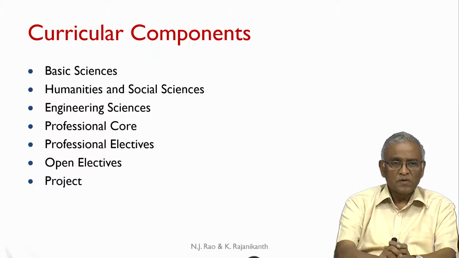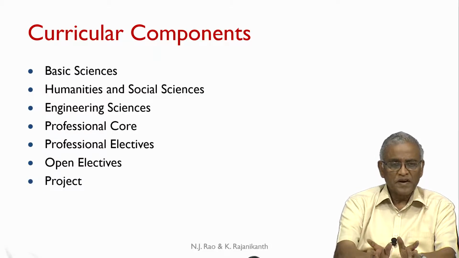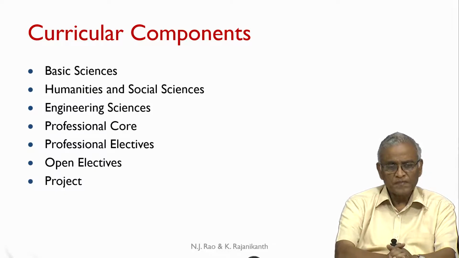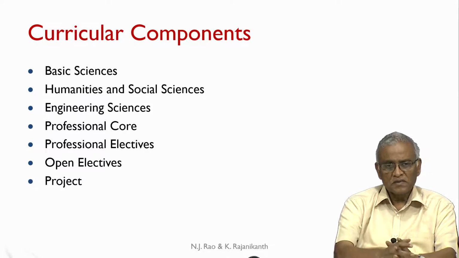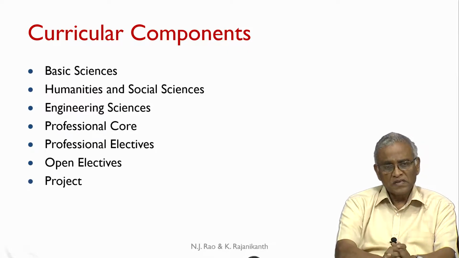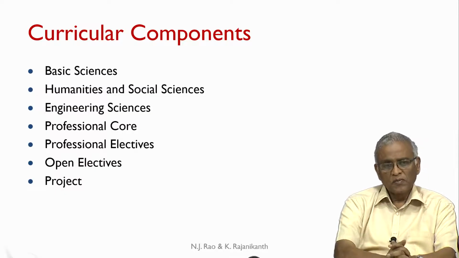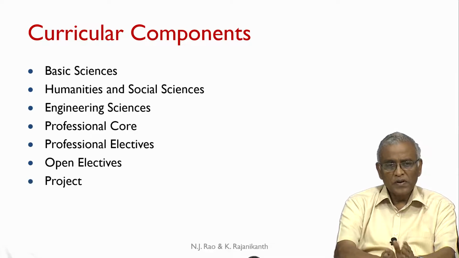Basic sciences normally constitute physics, chemistry, mathematics, biology, such things. Humanities and social sciences will include language, and including management and any other social science subject. Then you have engineering sciences, professional core, professional electives, open electives and a project. These are what we call broadly curricular components.